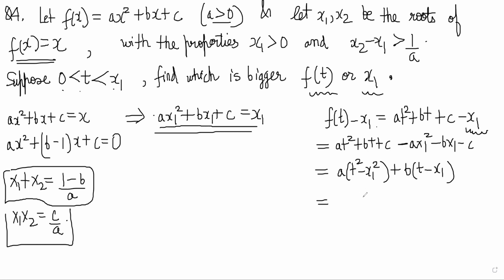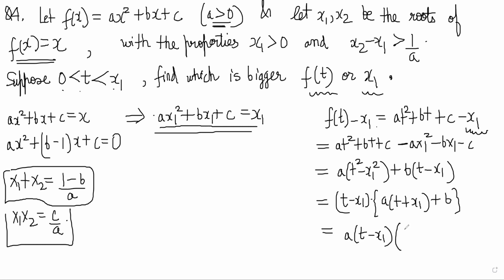If we take the factor out, we will say that t minus x1 is common, and we have a into t plus x1 plus b. And if we even take an a outside from here, because a is also positive, a into t minus x1, this becomes t plus x1 plus b by a, right? Great. So f of t minus x1 is coming out to be this expression.